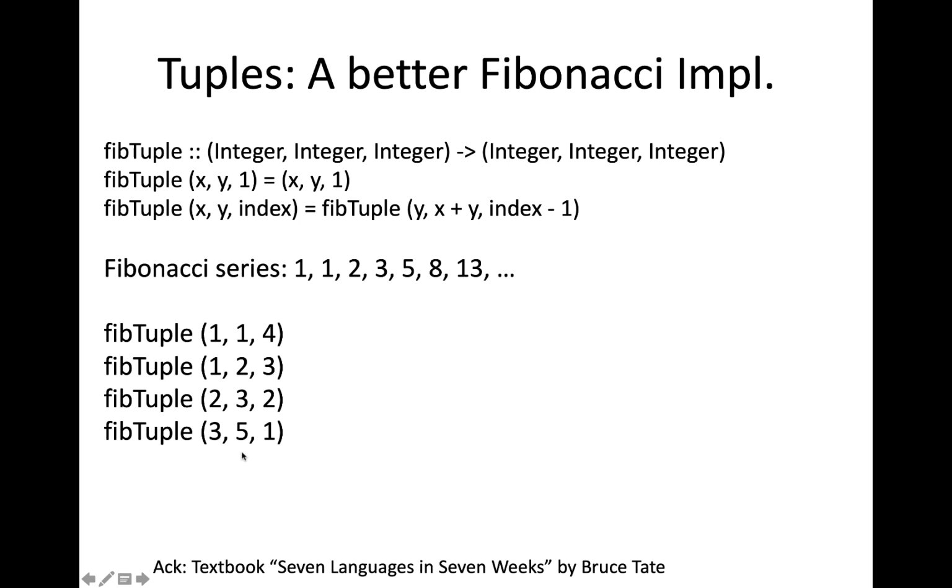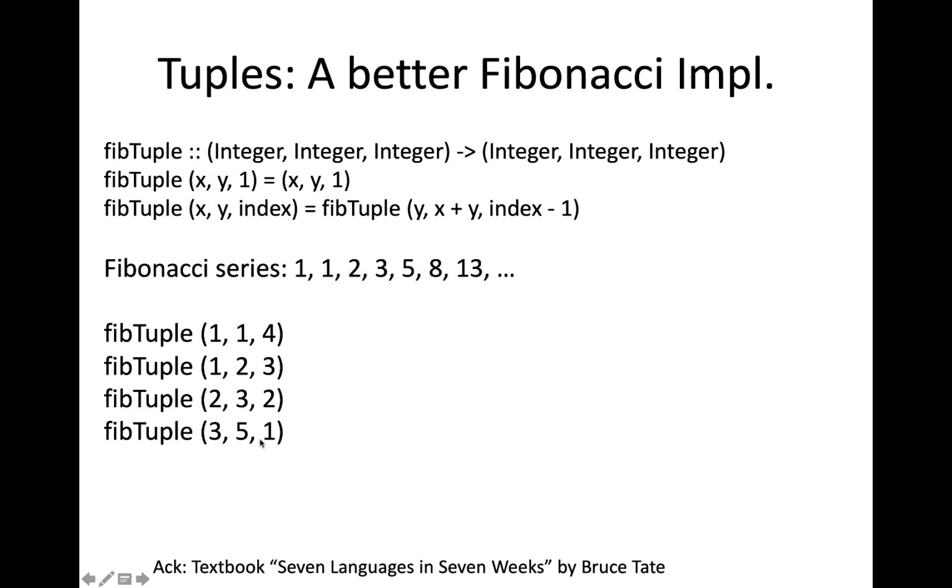So you can see that the first 2 components of these calls are the next and next Fibonacci pairs, correct? The third parameter is the index, and that is getting reduced by 1 in each step, correct?